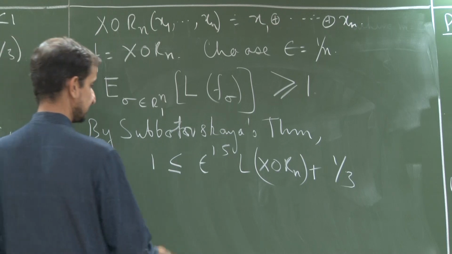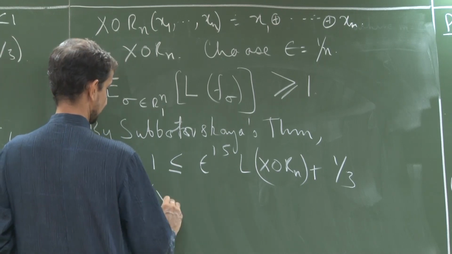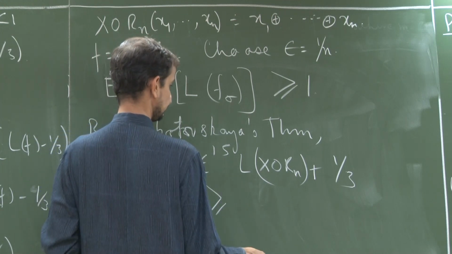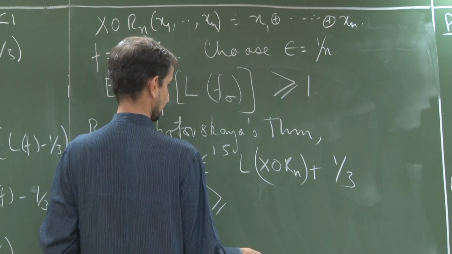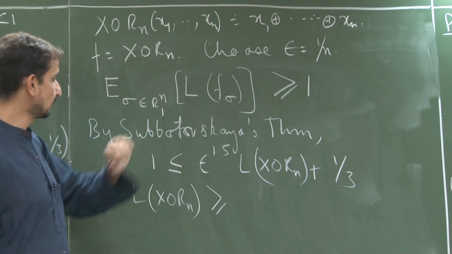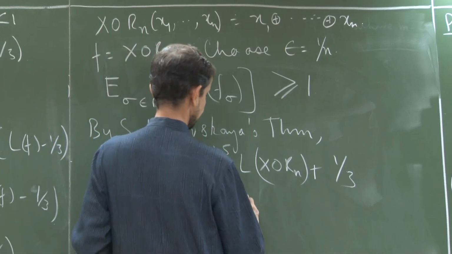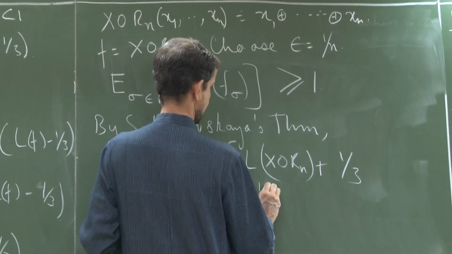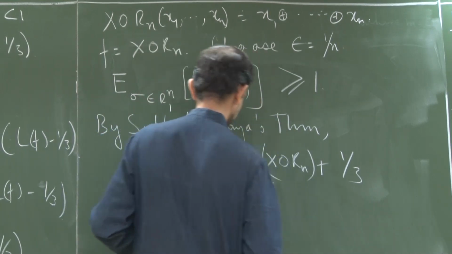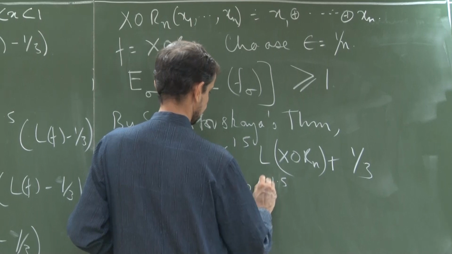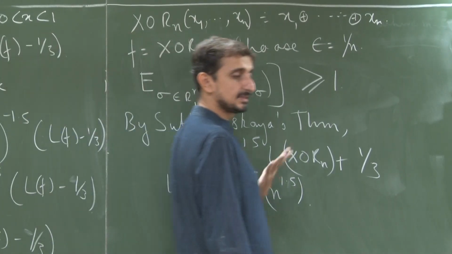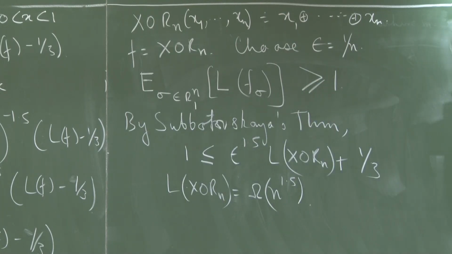So, now just rearranging, what I get is L of XOR n is greater than or equal to, what was my epsilon? Epsilon was 1 by n. So, this is greater than or equal to n to the power 1.5, or let me just write it as omega of this. Okay. Now, is this the best that we have? Why not?